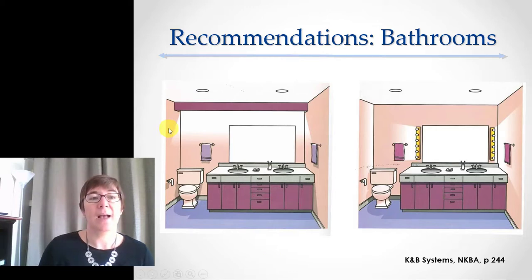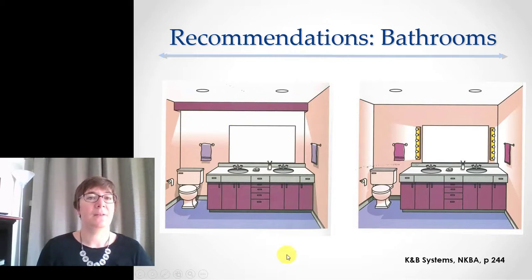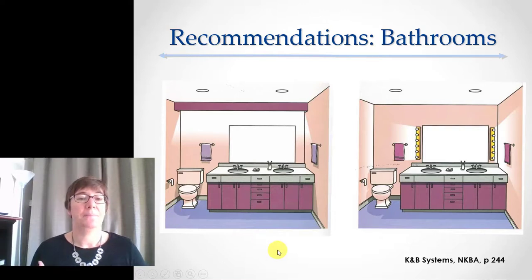And it's got this strip right here under the soffit to provide task lighting in the grooming area and the toileting areas. These are some good recommendations. You definitely need task lighting in that area.